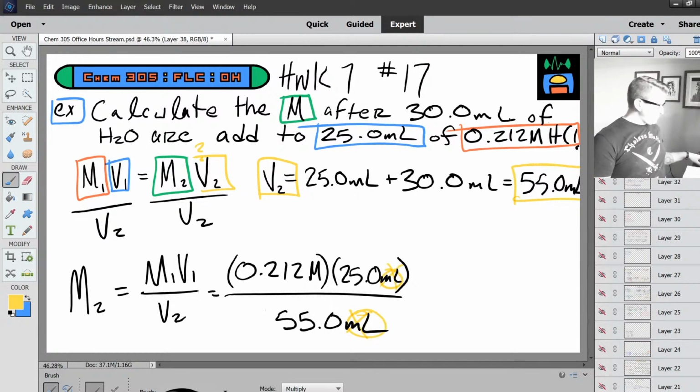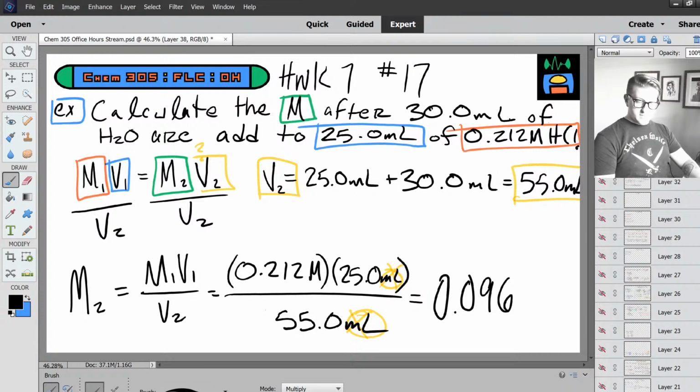Milliliters cancel. 0.212 times 25 divided by 55 is 0.0964 molar HCl, with 3 sig figs.